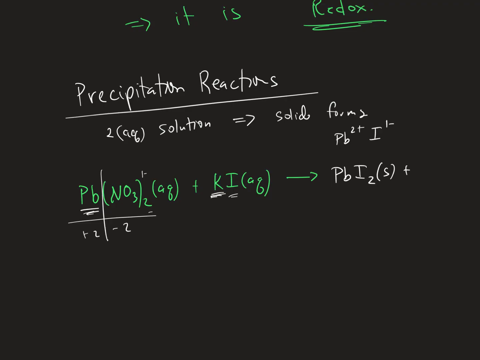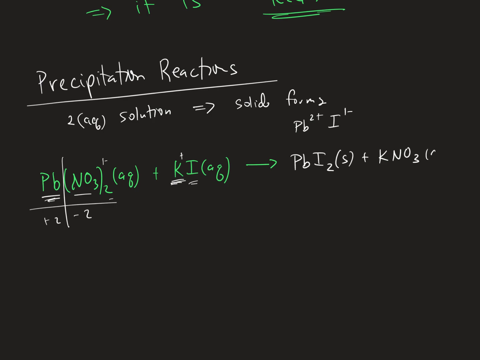And potassium hooks up with nitrate. Potassium is a 1 plus ion. Nitrate's a 1 minus, so the formula is KNO3. And it turns out that one is aqueous. That one still dissolves in water. There's still water here.